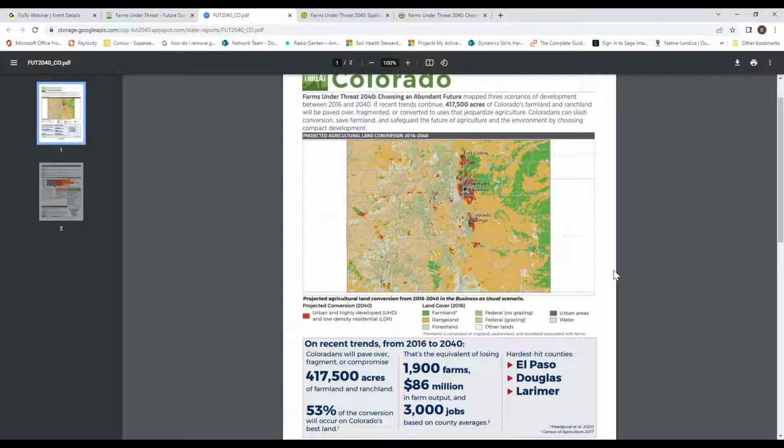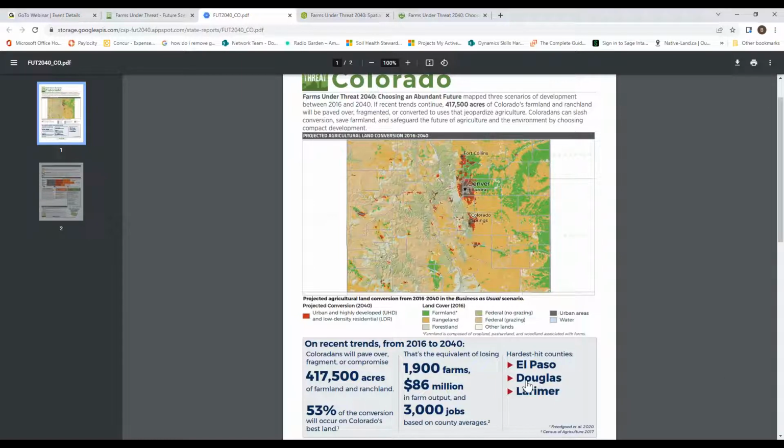One of the important things that we did here was not just to show that here's the 417,000 plus acres likely to be converted, but what does that mean? What does that translate into in terms of impact on agriculture? We used the 2017 Census of Agriculture to derive these numbers.